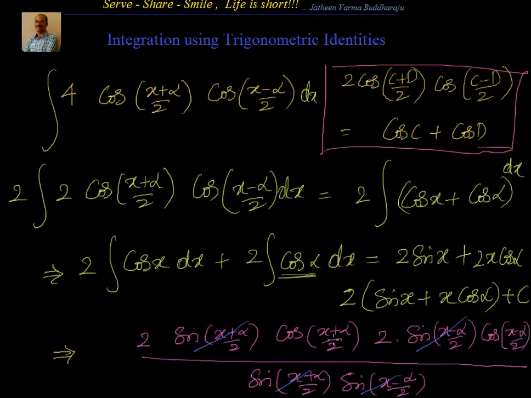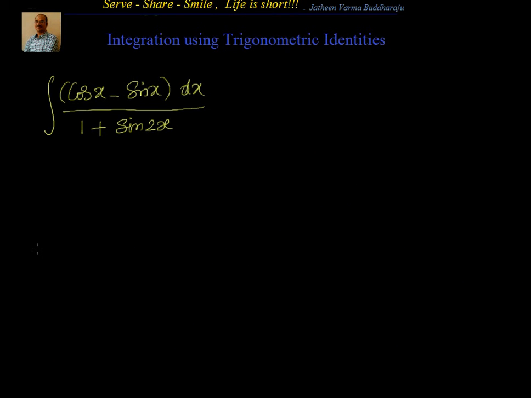So let's do one more problem before we wrap this up and move to the next session where we will solve some more examples. We have to find the integral of cos x minus sin x divided by 1 plus sin 2x. Now, how do we solve this particular problem using the substitution method and also using trigonometric identities?